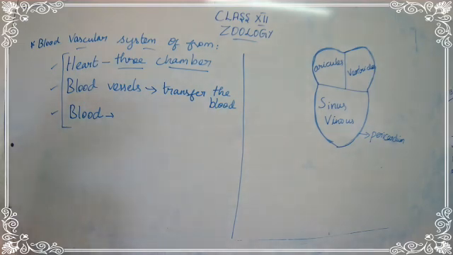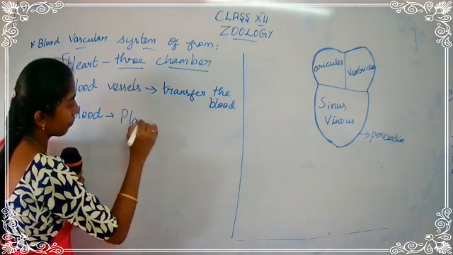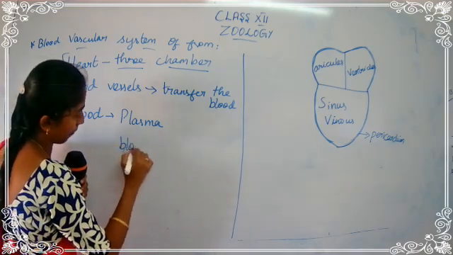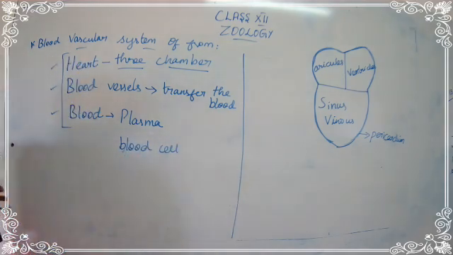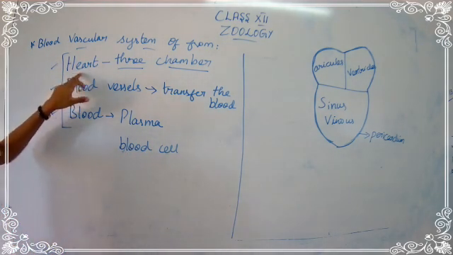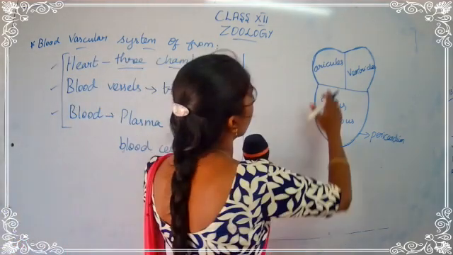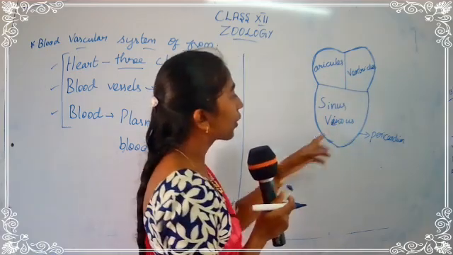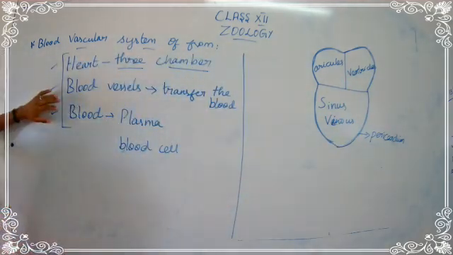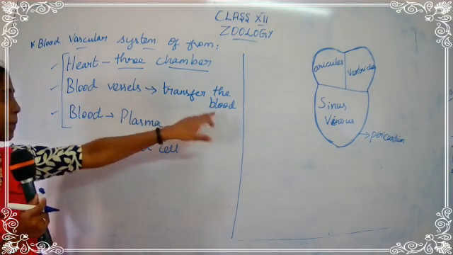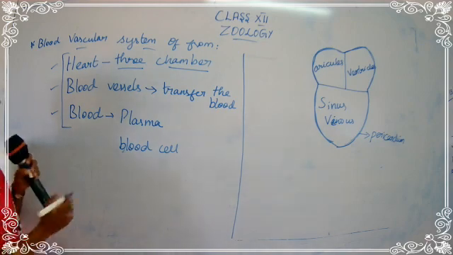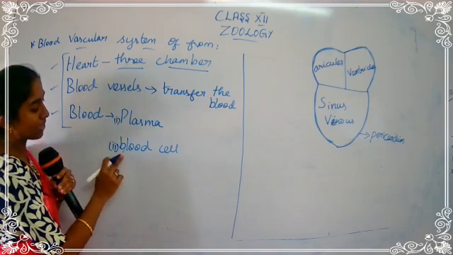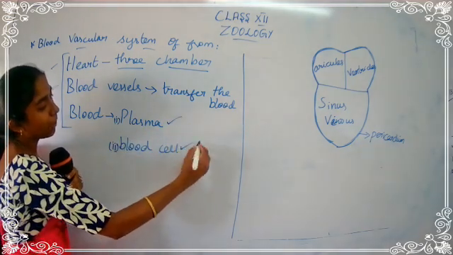And the blood also consists of plasma and cells, blood cells. Okay. The heart of the frog consists of three chambers: auricles, ventricles, and the sinus venosus chamber. Okay, and then the blood vessels help to transfer the blood, and the blood consists of two things. One is plasma, and another one is blood cells. Okay, so plasma and blood cells.